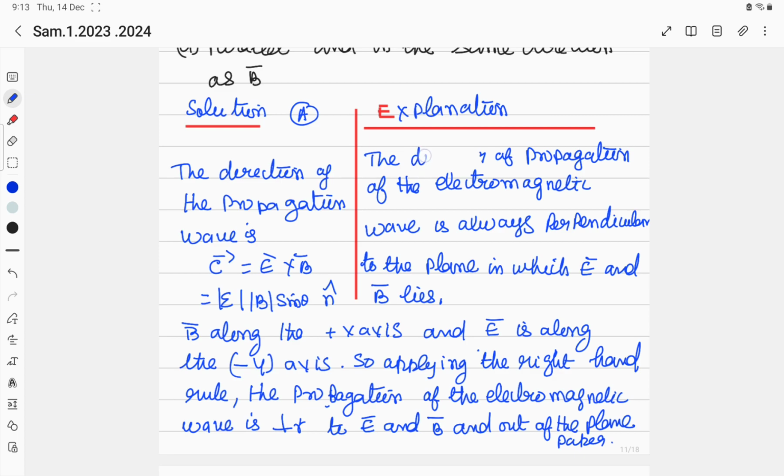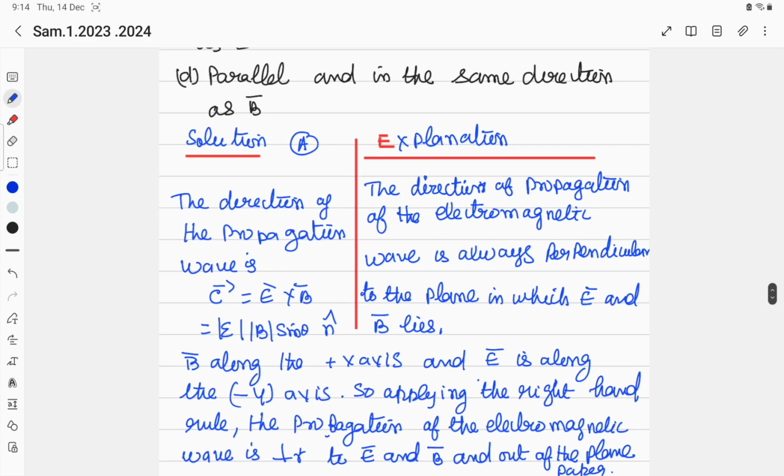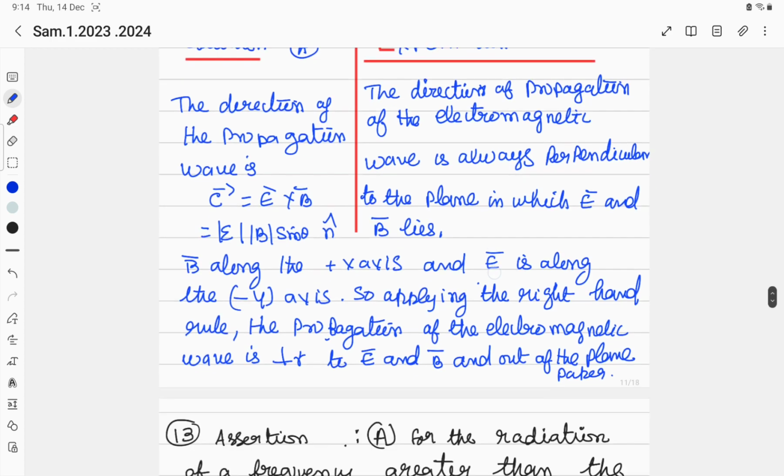The direction of propagation of the electromagnetic wave is always perpendicular to the plane in which E and B lie. B is along the x-axis and E is along the negative side of the y-axis. So, applying the right hand rule, the propagation of the electromagnetic wave is perpendicular to E and B and out of the plane of the paper. Therefore, solution A.